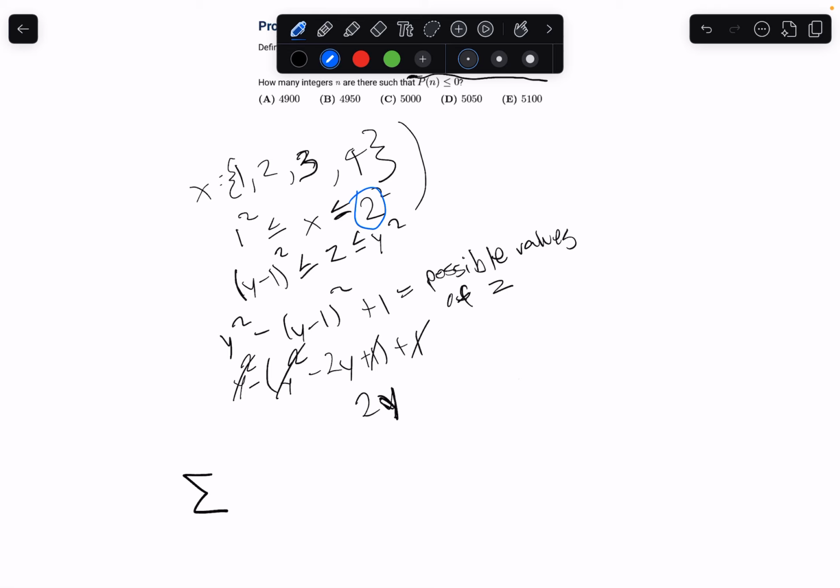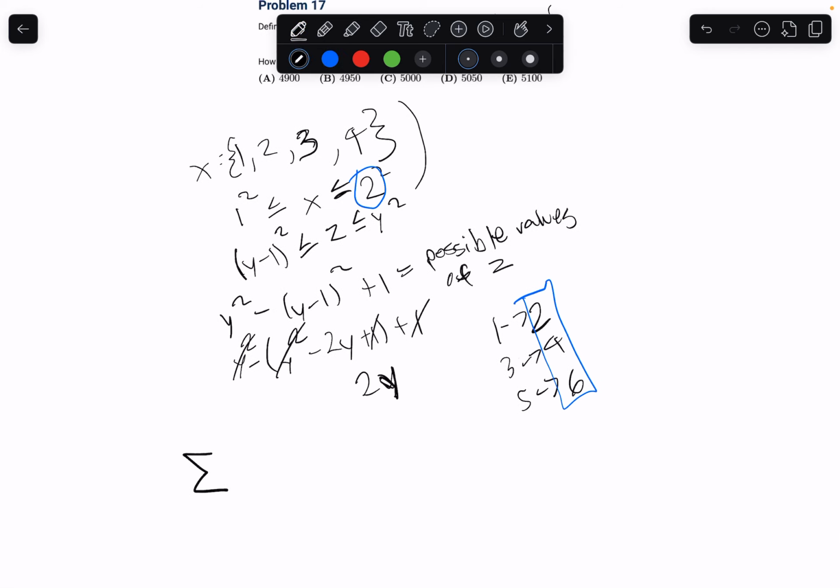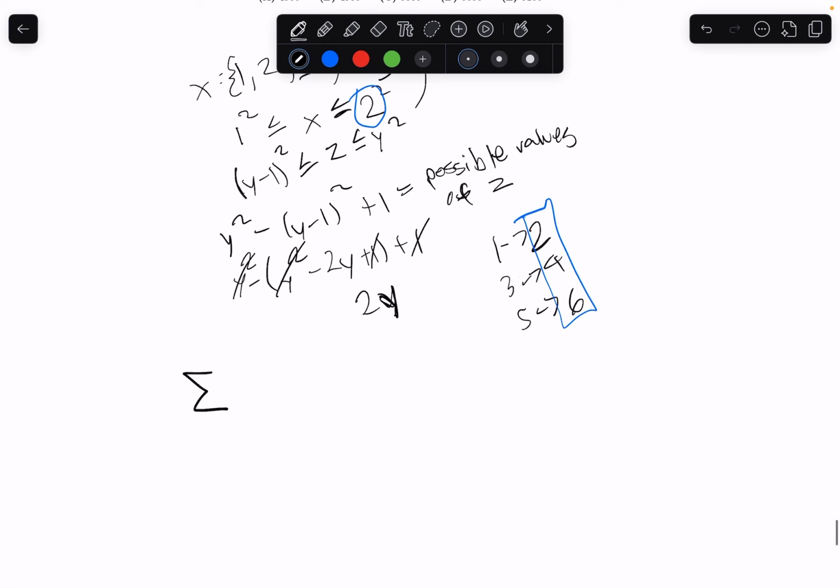So we want y to be the greater one. So if we have 1 to 2, 3 to 4, 5 to 6, we're alternating intervals, and these numbers are all y's, so to speak, and they're all even. Which means instead of alternating intervals, we can just use the summation to write even numbers.